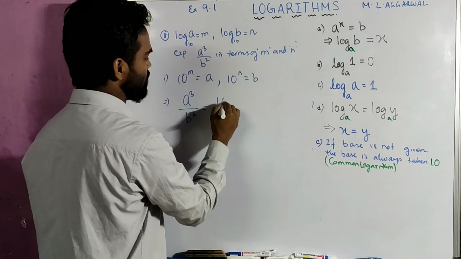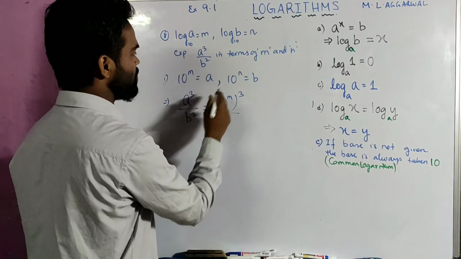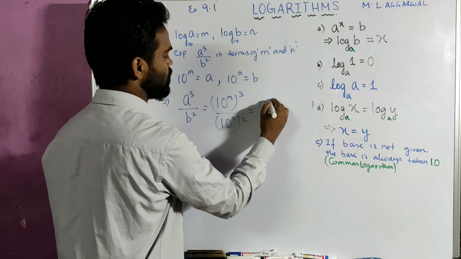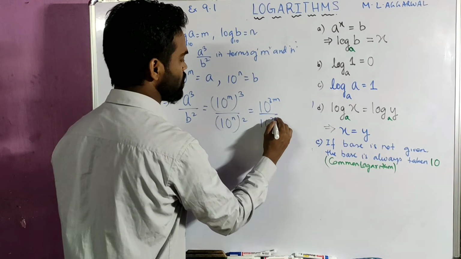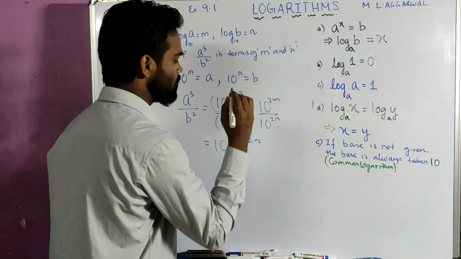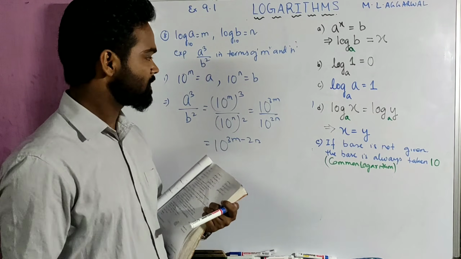And instead of a, I can write 10 to the power m whole cube. And instead of b, I can write 10 to the power n whole square. So this becomes 10 to the power 3m by 10 to the power 2n, which becomes 10 to the power 3m minus 2n. And that's my answer, okay?